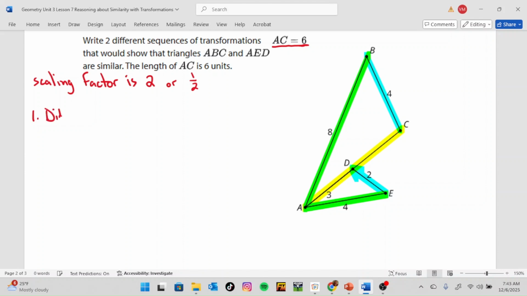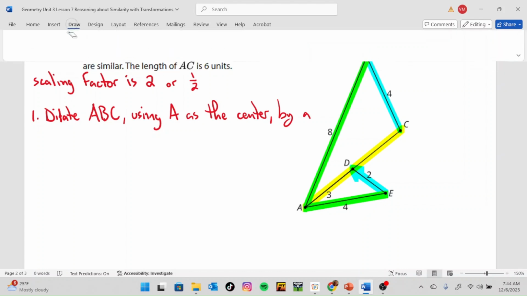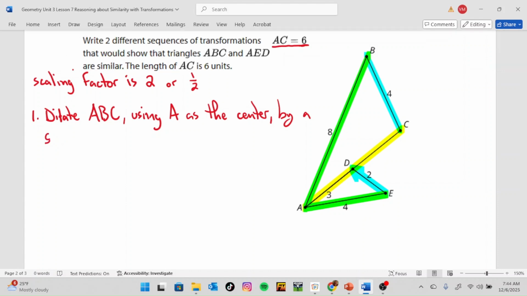So dilate ABC using A as the center by a scale factor of 1/2.